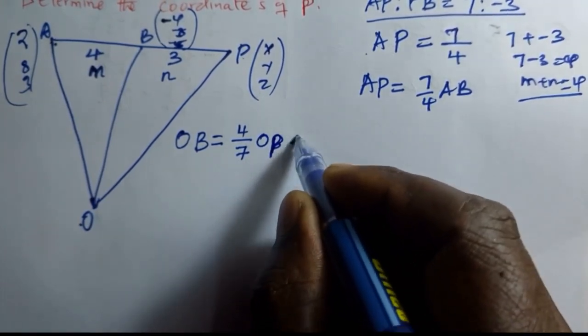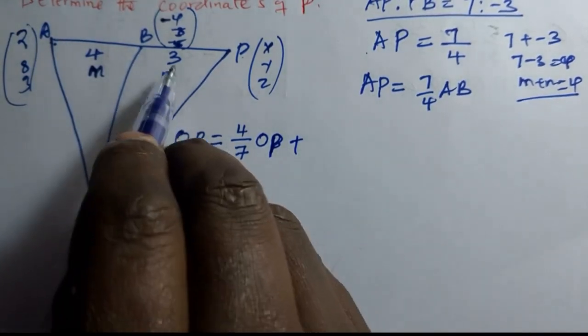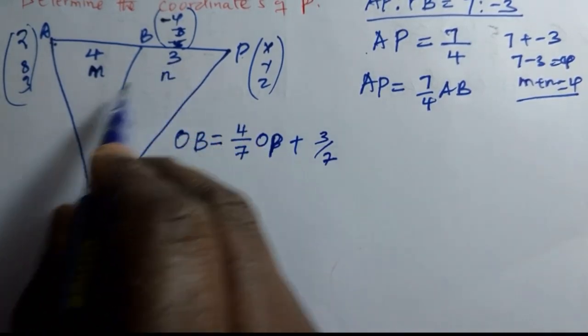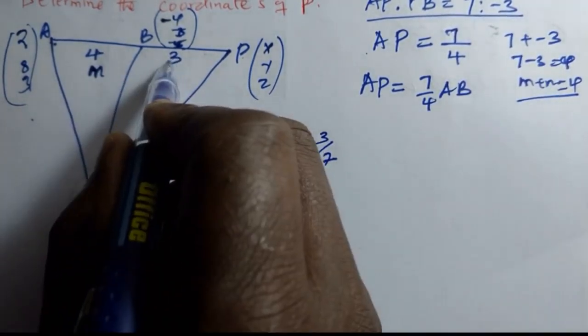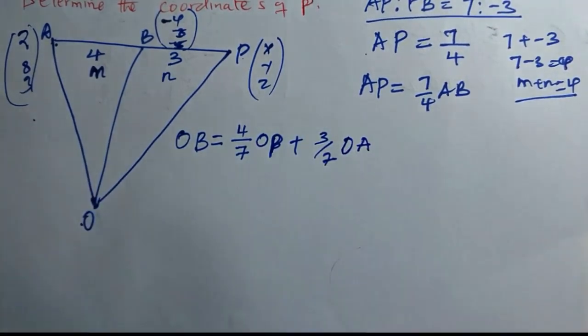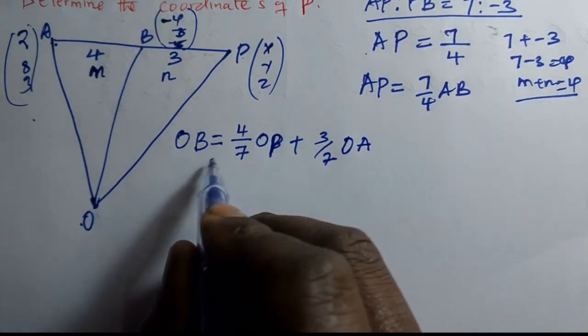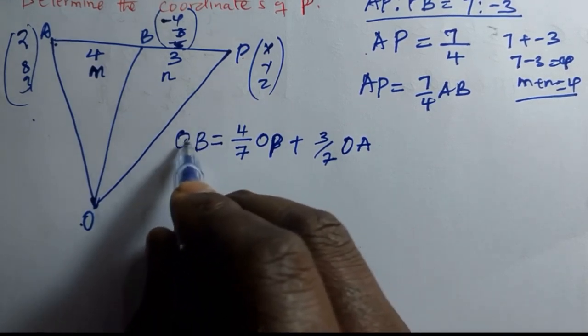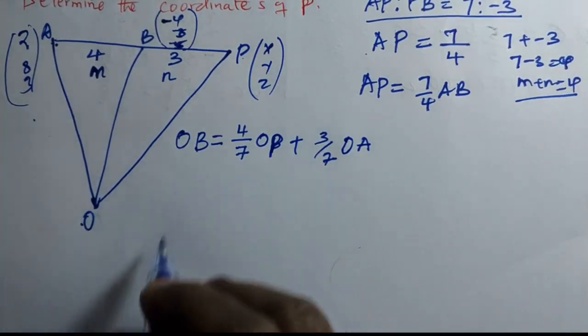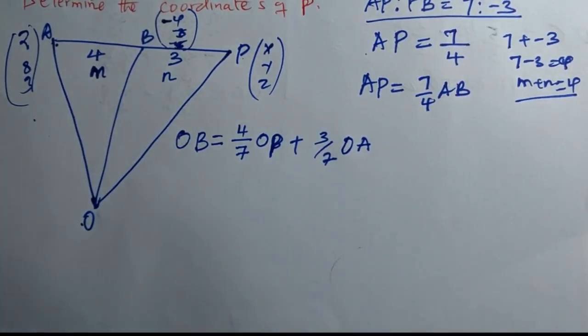Plus 3 over 7, this opposite ya 3 ni OA. Tunaelewana hapo? Therefore, now we have the coordinates. We have OP already, ndio hii. So I think this is the simpler way of doing it.